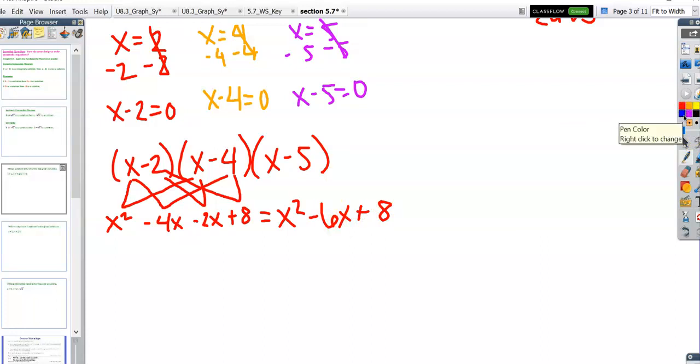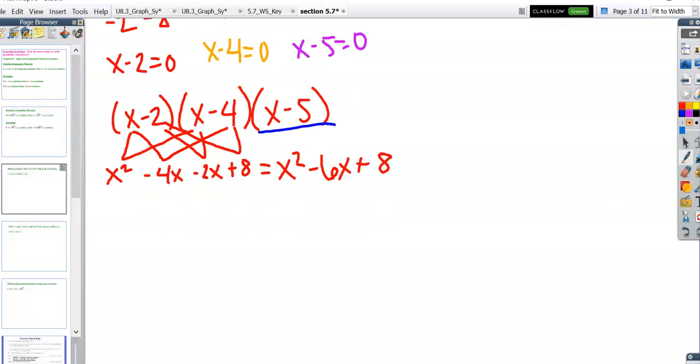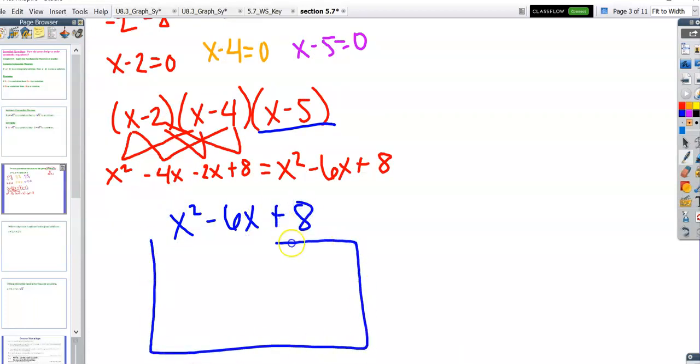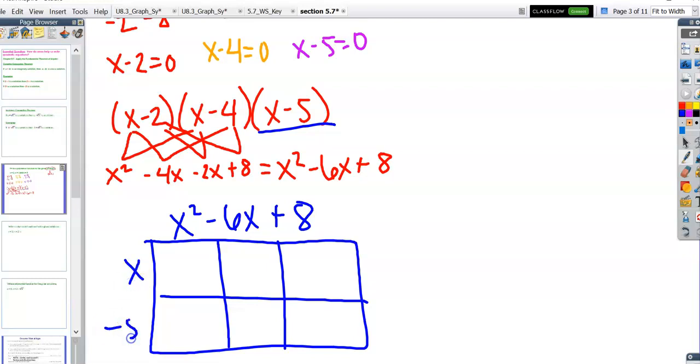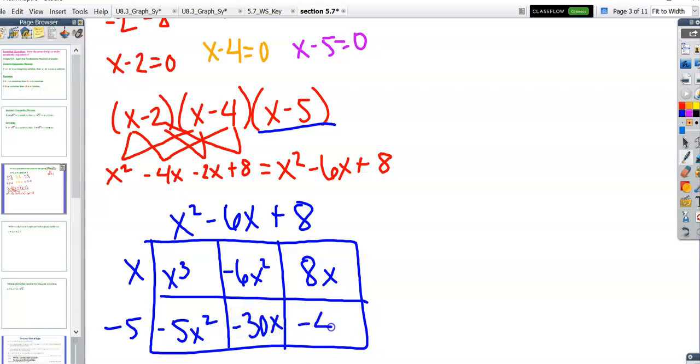Then we're going to multiply our third binomial by the product of our first 2. So we're going to do x squared minus 6x plus 8 multiplied by x minus 5, and then fill in each box by multiplying. Then you can combine your like terms.